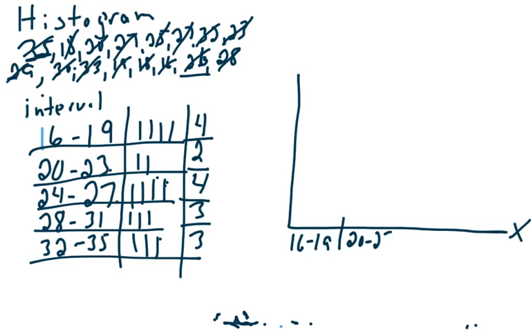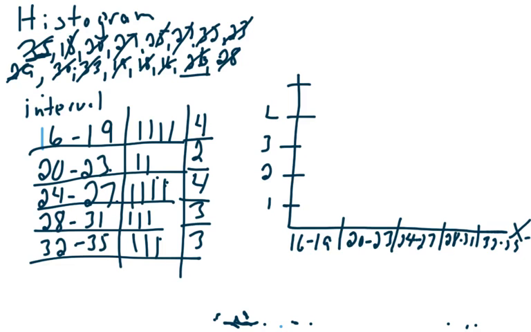I'll show you what that means in just a second. 20 to 23 goes there. 24 to 27 goes there. 28 to 31 goes there. And then 32 to 35 goes here. All your bars should be the same width, and I'm off a little bit on that. Since my biggest number is 4, I'm going to go up to 5.